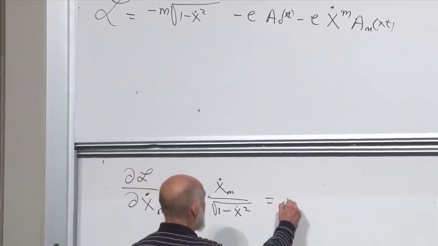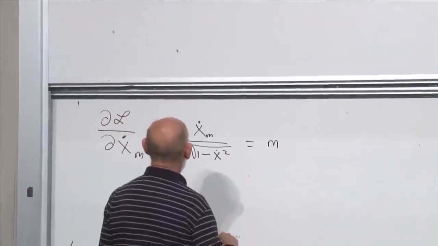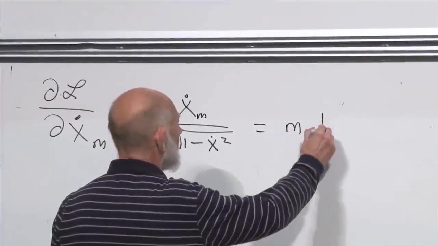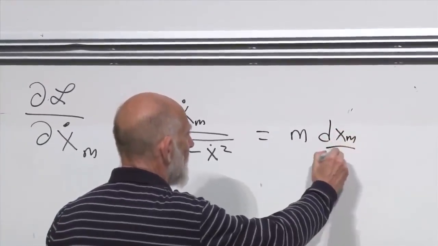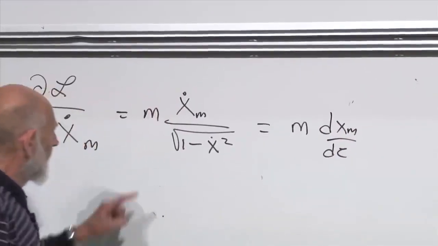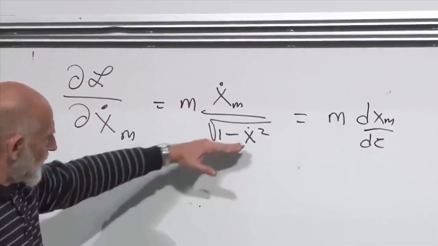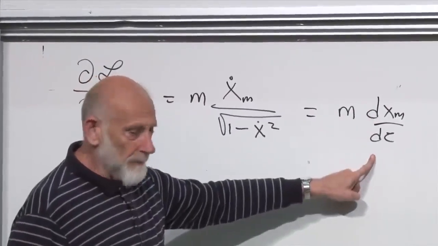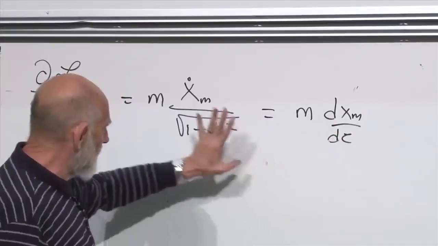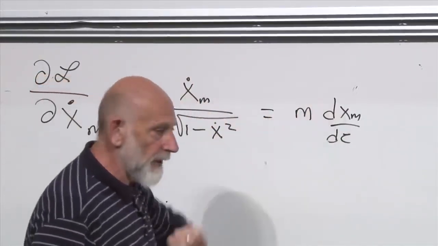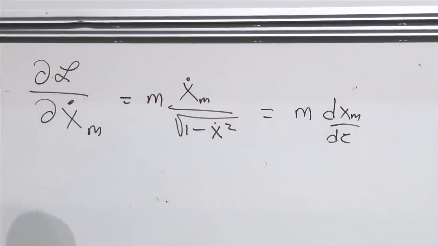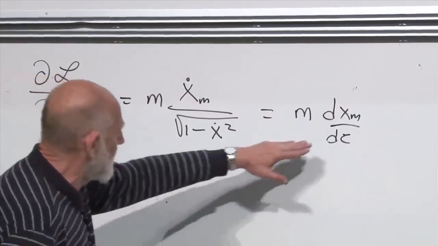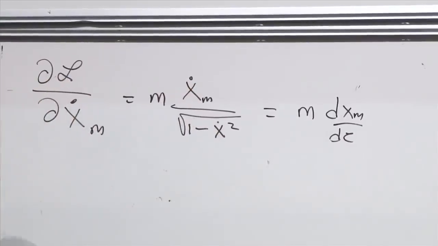Incidentally, this happens to be m times dx m by d tau. It's dx by dt, but this extra factor here just makes it the 4 vector of velocity. This is m times the 4 vector of velocity, dx m by d tau. But we'll come back to that. For the moment, let's just leave it this way.